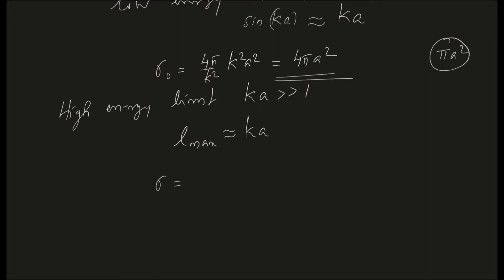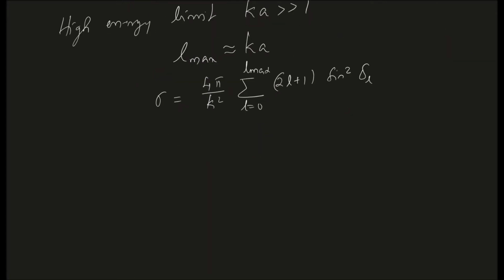Then the total scattering cross section can be written as 4 pi by k square, sigma L equals 0 to some maximum value, 2L plus 1, sine square delta L. Since so many values of L contribute in this relation, we can replace the sine square function by its average value, and the average value of the sine square function, as you know, is half.